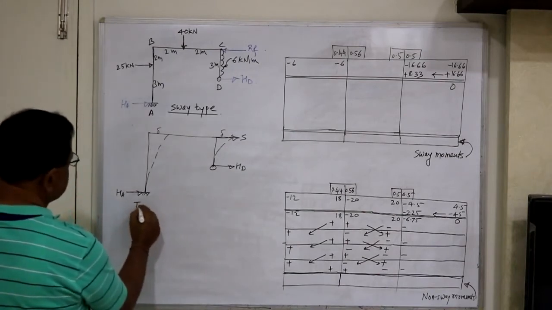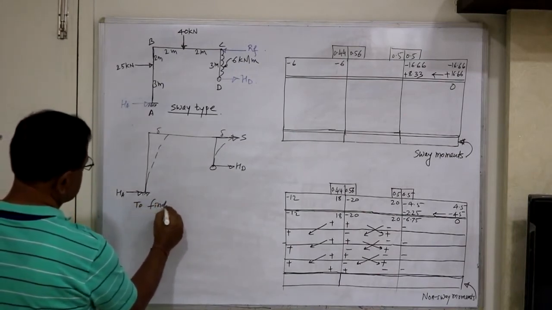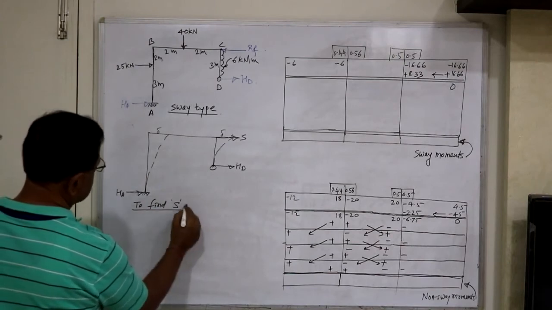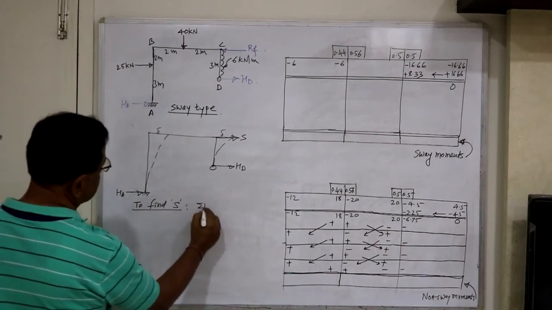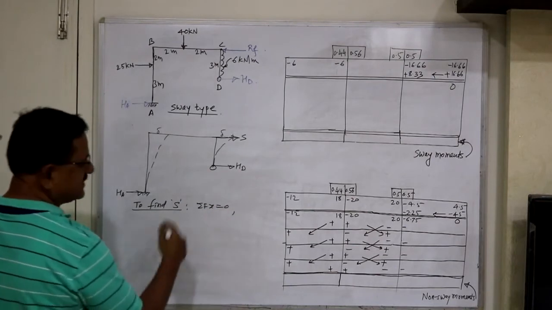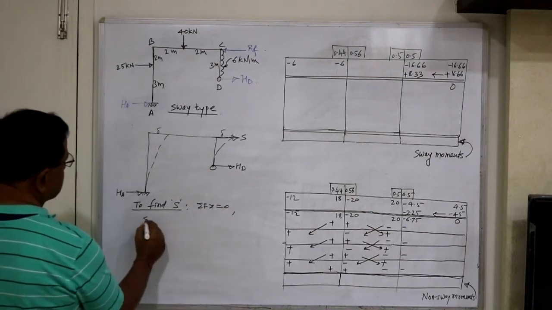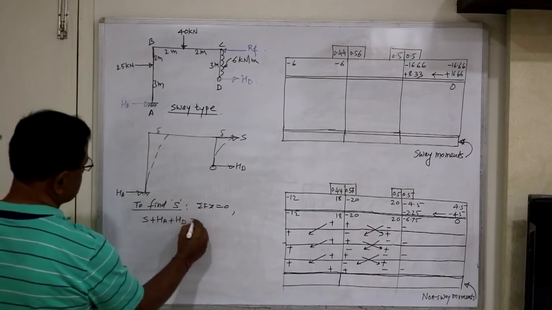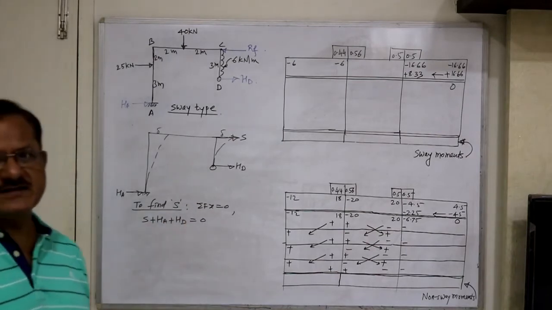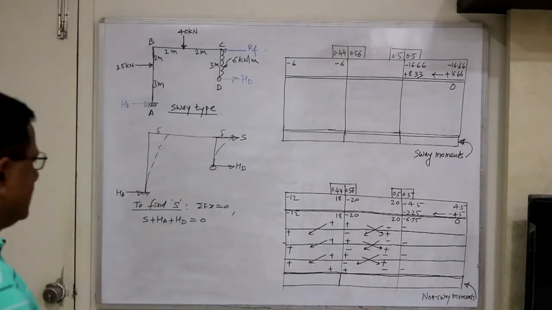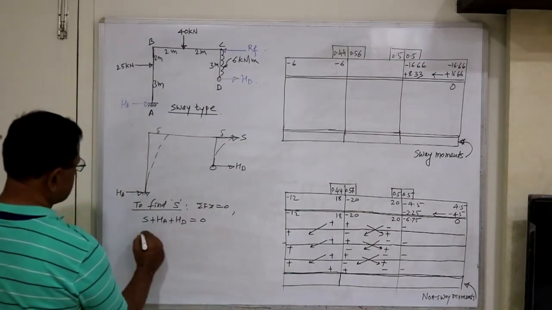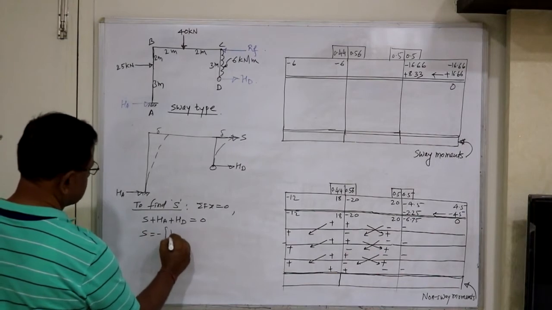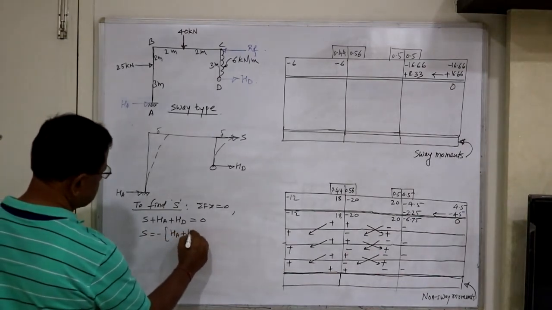So now to find S, simply use summation Fx equal to 0. Here there is no external load. So S plus HA plus HD equal to 0. We are assuming HA and HD always positive towards right. So S will be equal to minus (HA plus HD).